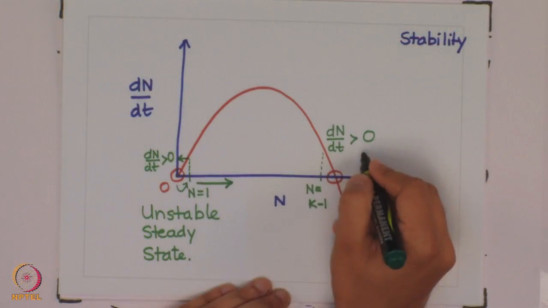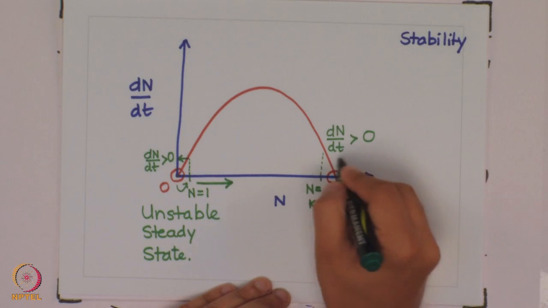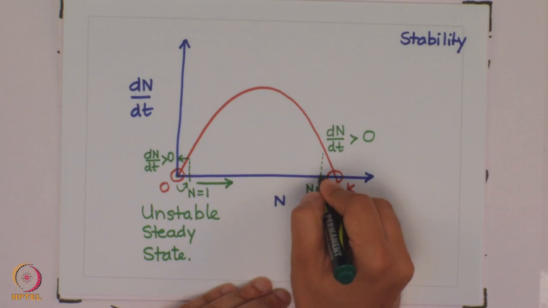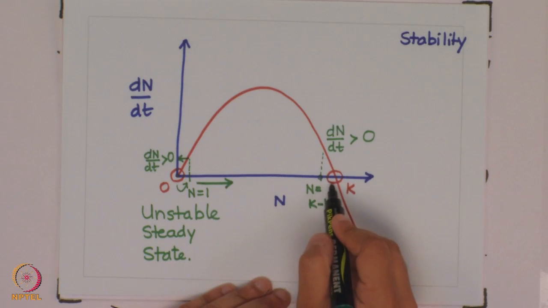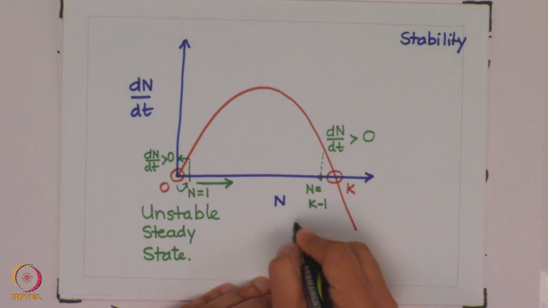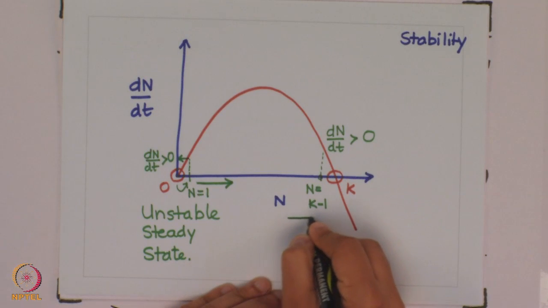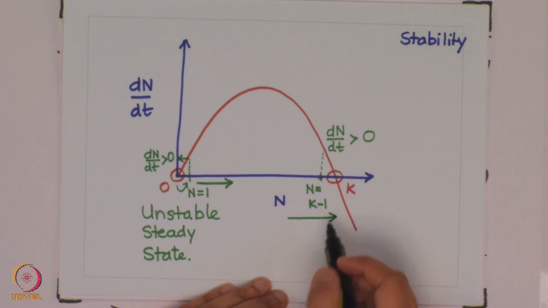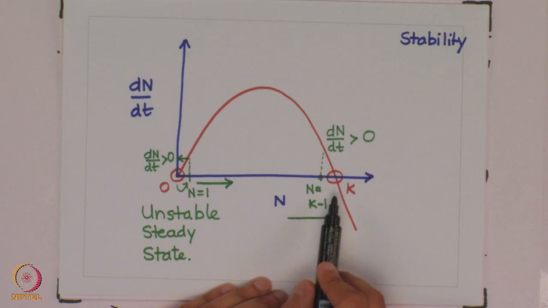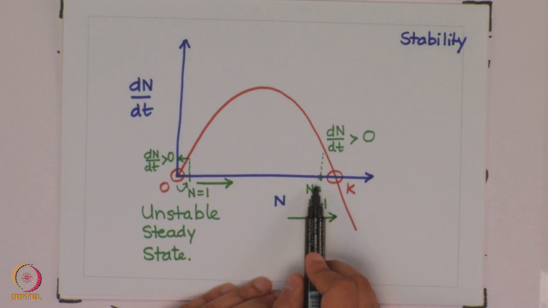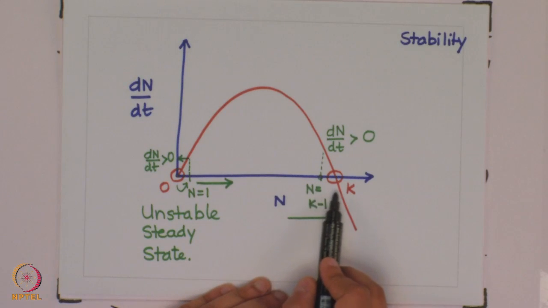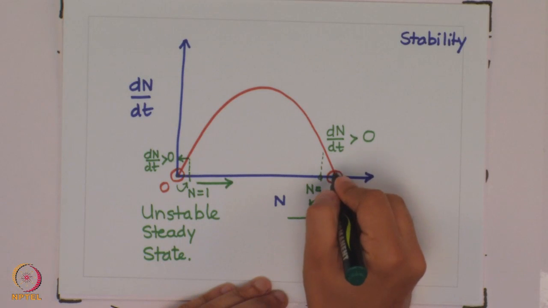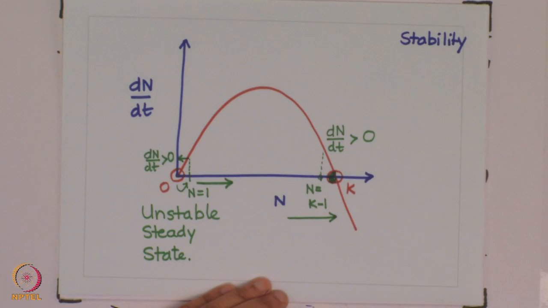So, if we bring the system by introducing a disturbance to n equal to k minus 1, as time progresses, the system moves to the right. What that means is that upon introduction of a disturbance which brought the system to the left, we are again moving towards the original state of the system, n equal to k. So, this steady state is stable as far as the left hand side is concerned.